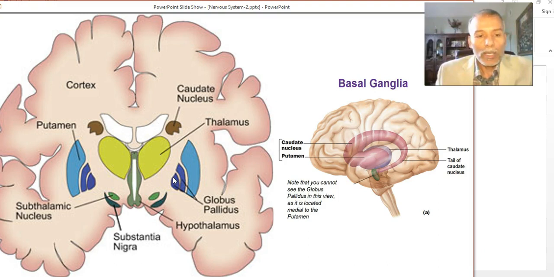Also, you go here, you will find subthalamic nuclei, these green dots here. So subthalamic means beneath the thalamic nuclei, and then beneath you have the substantia nigra, or the black substance. That is because it has dopamine in it, and dopamine is dark gray when it is in that tissue. And this is also the caudate nucleus. It's also part of these structures here. So globus pallidus is 1, and then 2, 3, 4, and 5.